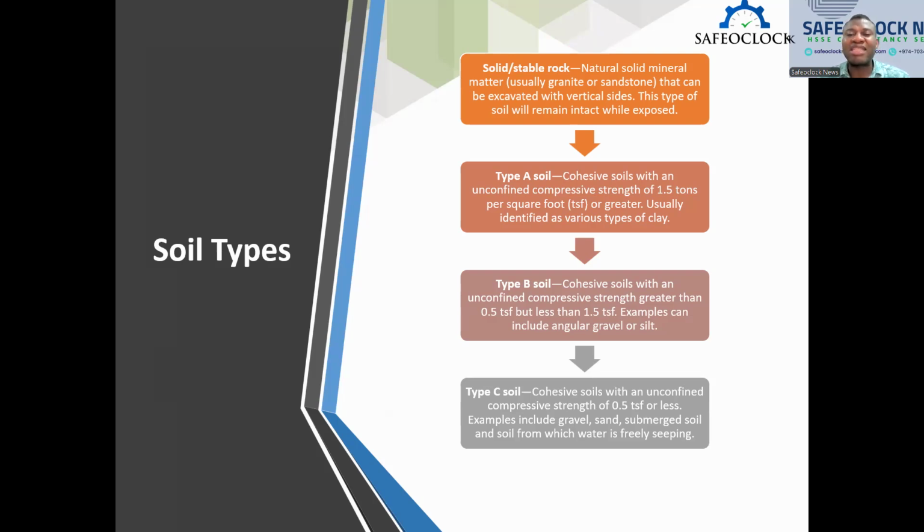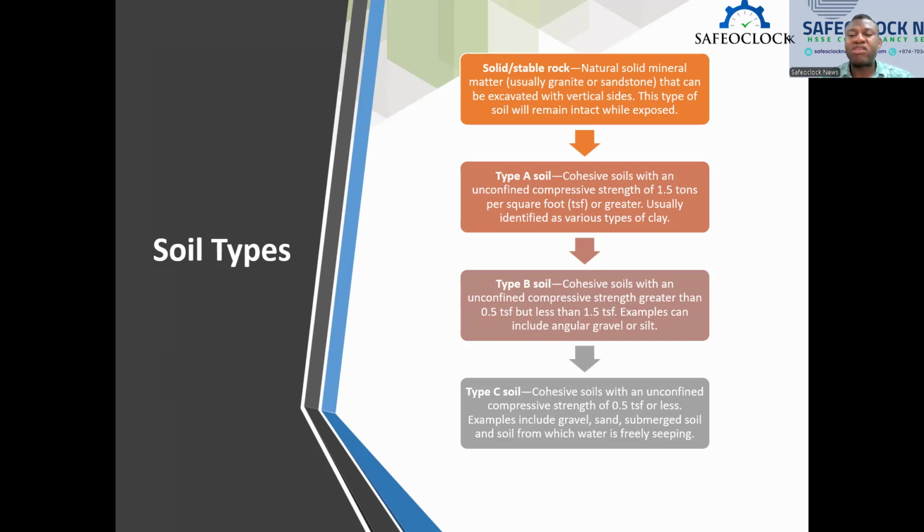Another type is known as type A soil. Type A soil is usually cohesive soil with a compressive strength of 1.5 tons per square foot. This type of soil is referred to as type A soil because it has a compressive strength of up to 1.5 tons.